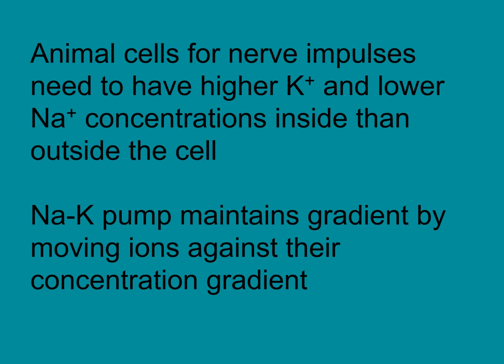You must have this concentration gradient, this difference inside the cell versus outside the cell. So under normal, healthy conditions in animal cells, you have to have inside the cell a higher potassium and a lower sodium than what's outside the cell. You cannot have them reach equilibrium.